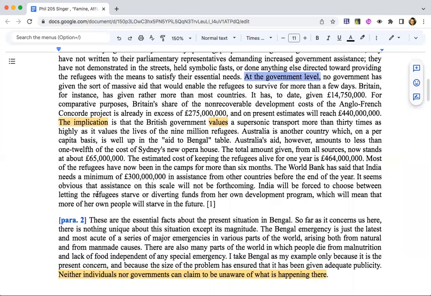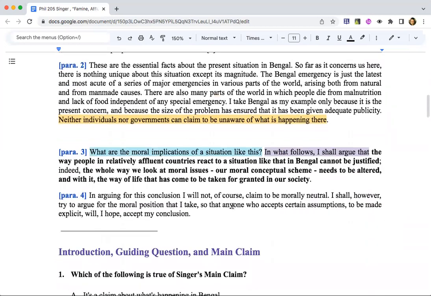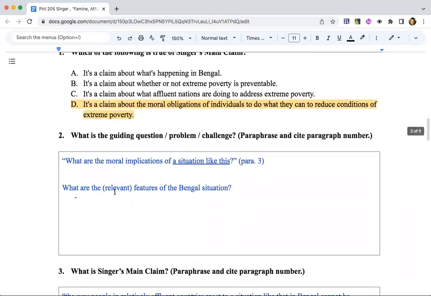There are ways to further spell that out, right? But those are some of the biggest features. And not to mention, people are suffering and dying, and specifically from lack of the most basic resources.